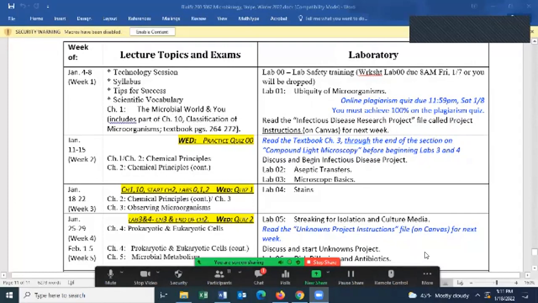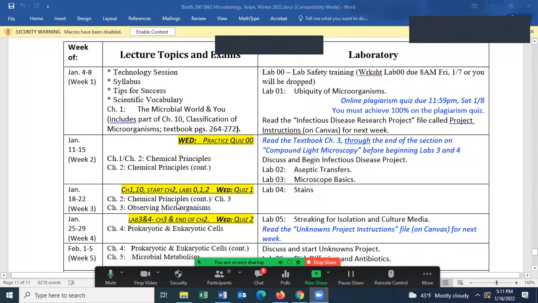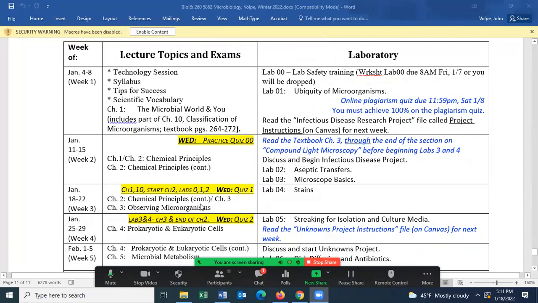All right, today is January 18th, and we're supposed to be covering chapter 2 and finishing it and starting chapter 3. It is too late to change the quiz on Wednesday. So for this week, the quiz will be on Wednesday.